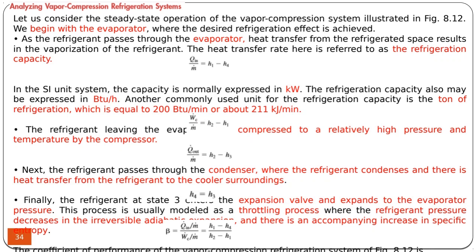So by using the enthalpy differences, the Q, the heat absorbed in the evaporator, is the difference between the evaporator inlet and evaporator exit. So this is Q evaporator, or just we can call it cooling.